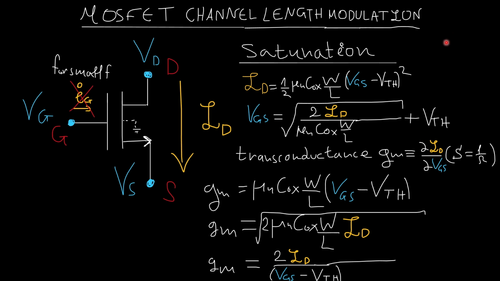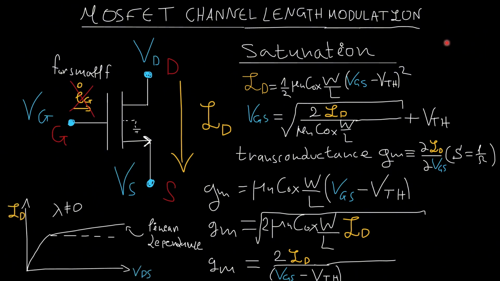But what I'm going to do is show you what it actually does to my current that I measure from here to here. The current follows the triode region operation here as it was before. This doesn't change, and the channel length modulation appears only in the saturation region.